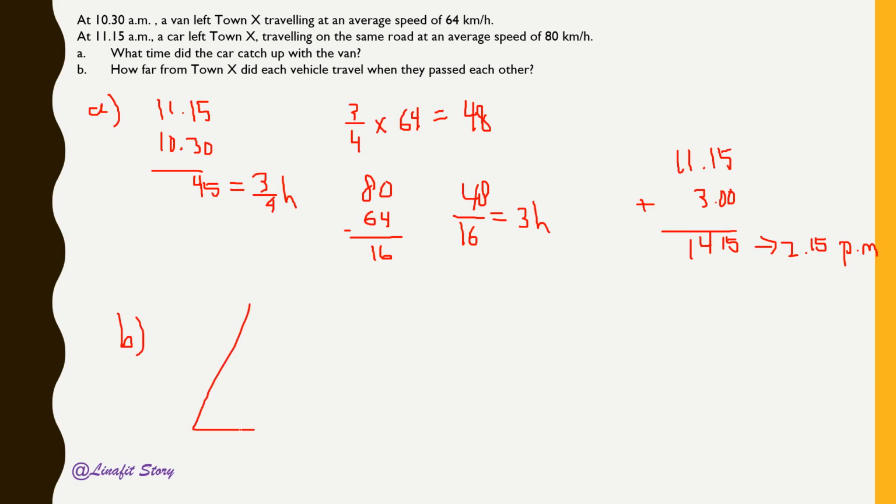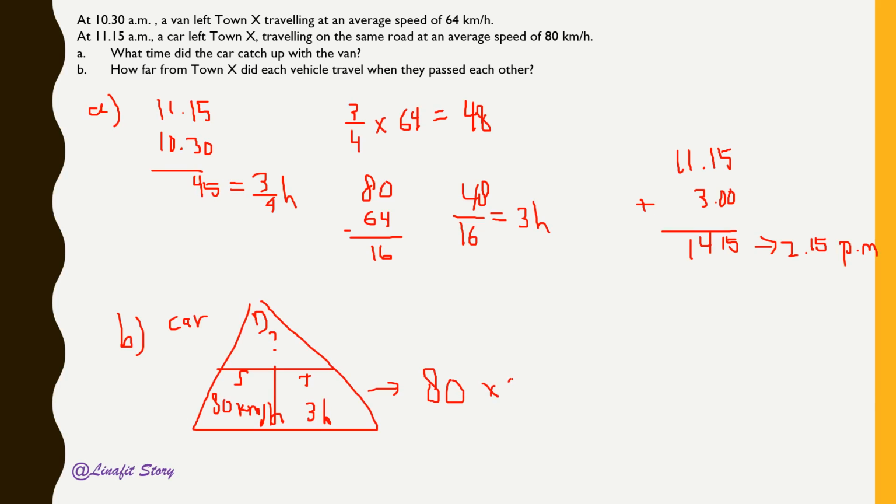We may draw the DST triangle for the car. The speed of the car is 80 km per hour, while the time taken is 3 hours. So the distance traveled, 80 times 3 equals 240 km.